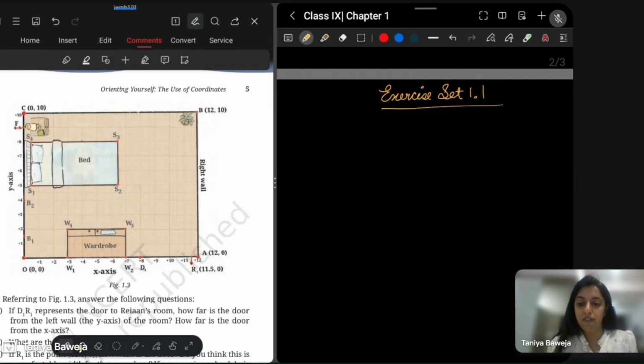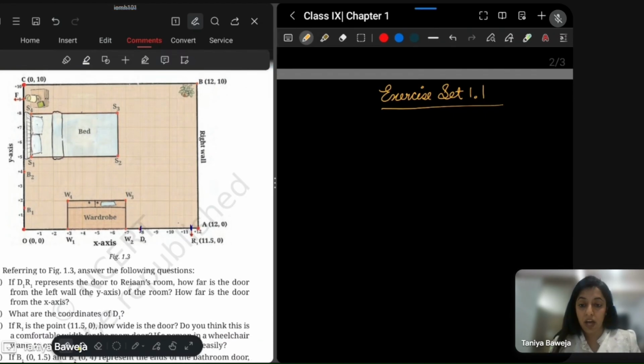If D1 R1 represents the door of Rian's room, how far is the door from the left wall, which is the y-axis of the room? Okay, let's go with it one by one. You are given that D1 R1 is the door of Rian's room. So we see D1 here and R1 here. How far is the door from the left wall?